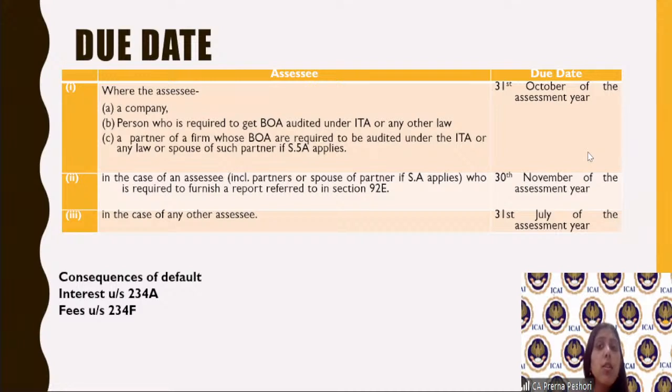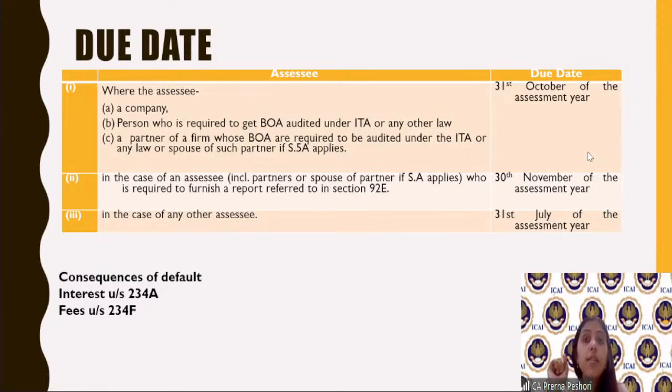What is the other consequence of not furnishing the return within time? Fees under section 234F. So if a person fails to furnish the return within the due date, the fee is 5,000 rupees if the total income is above 5 lakh rupees. If the total income is less than 5 lakh rupees, then the fee will be 1,000.